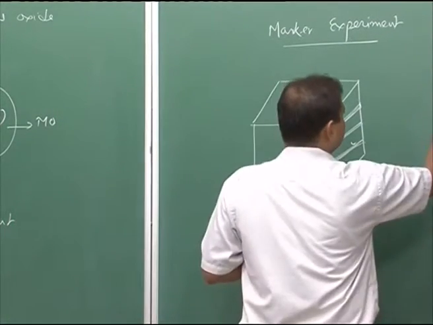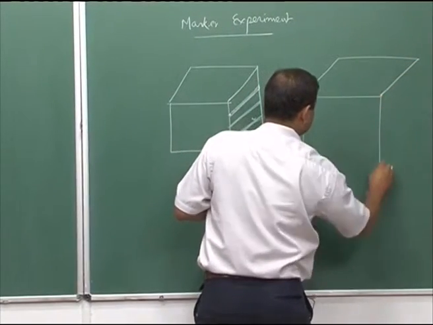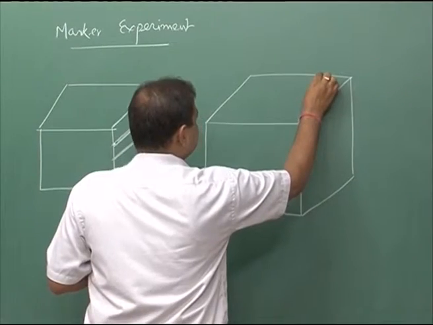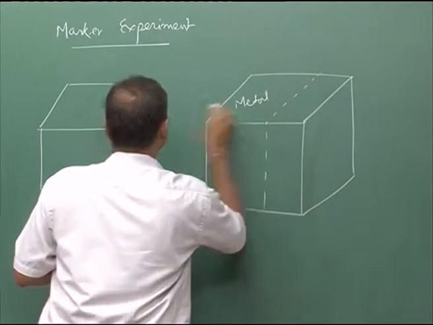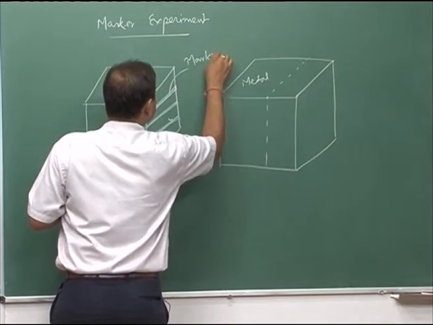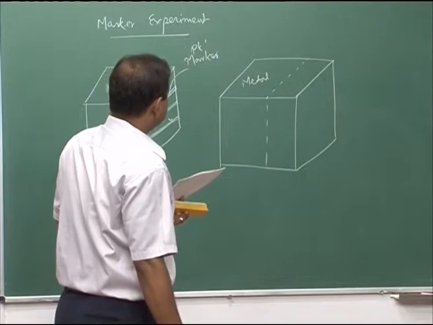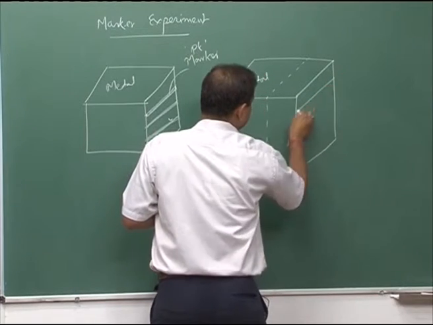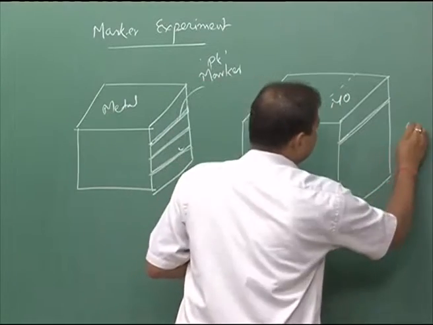Then we can see two situations. One is, let us say this is metal, and these are platinum wire markers. After oxidation we see that the platinum wire is on top of this oxide layer, and now this is MO and this is O2 gas.